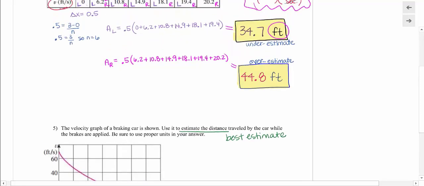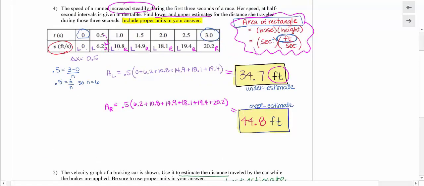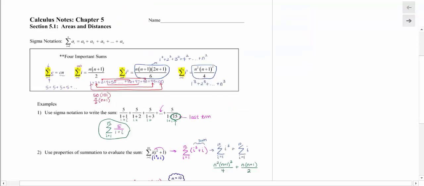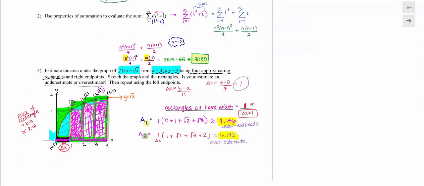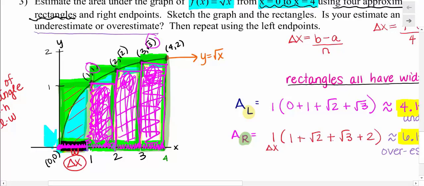And so hopefully what you can see from the previous table or from our previous graphs that we did in this problem down here, is that the lower or left or right rectangle approximations are not going to always be the best. But let me pose a different scenario here.